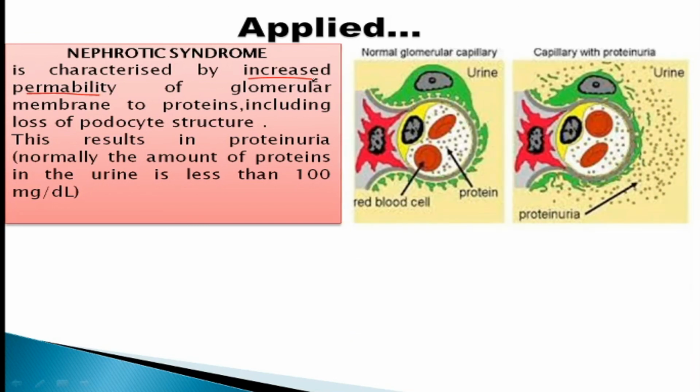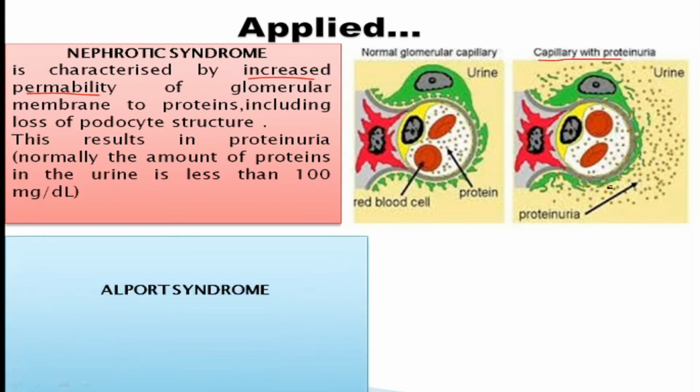So you can see the normal glomerular capillary and the capillary with a lot of proteinuria, showing excess of protein exudation through the glomerular capillaries.